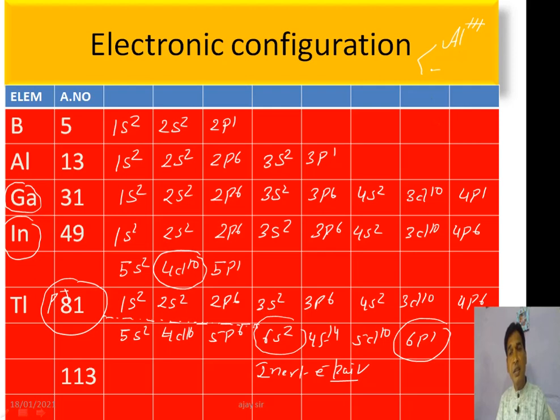But thallium generally forms monovalent cations. Why? Because the thallous ion is more stable compared to the thallic ion, as the 6s electrons are strongly attracted by the nucleus of thallium. They do not participate in oxidation number or the bonding process. Then this electron pair is called the inert electron pair.